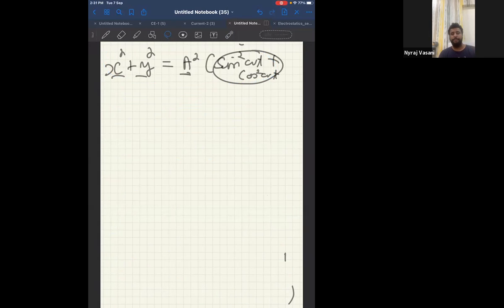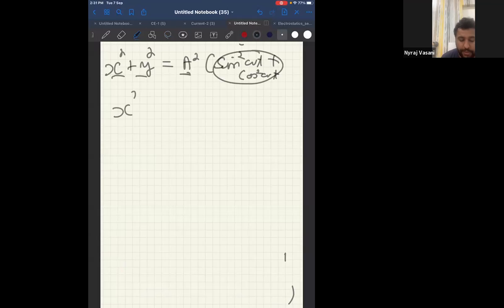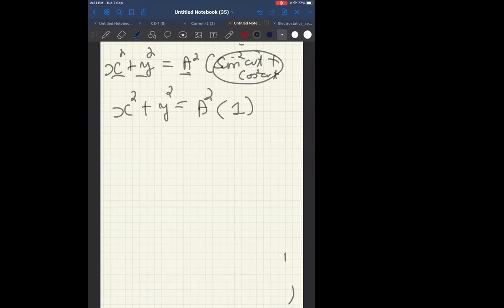Till here you understood? Yes, sir. Now tell me, how do you continue? Here you continue x square plus y square equal to a square, correct? And sine square plus cos square can be taken as 1. What is inside the bracket, correct?